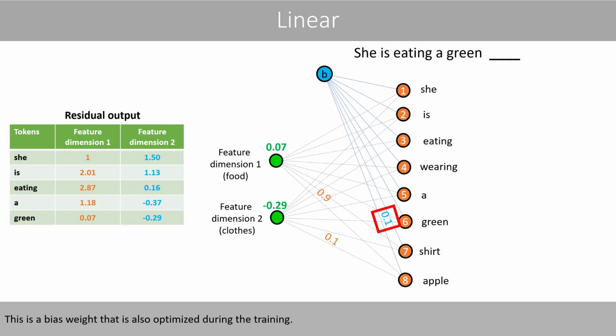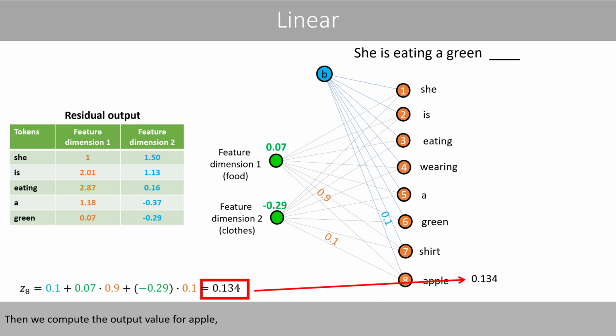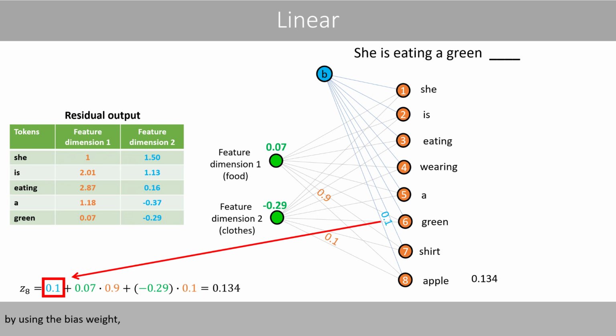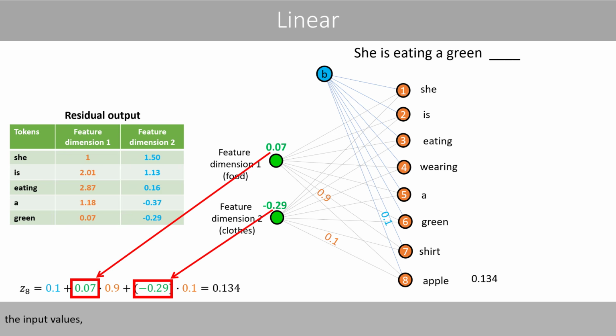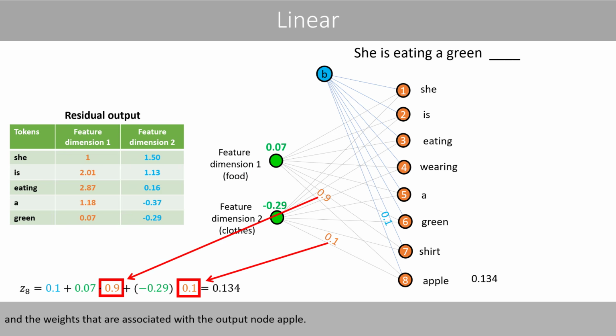This is a bias weight that is also optimized during the training. Then we compute the output value for apple by using the bias weight, the input values, and the weights that are associated with the output node apple.